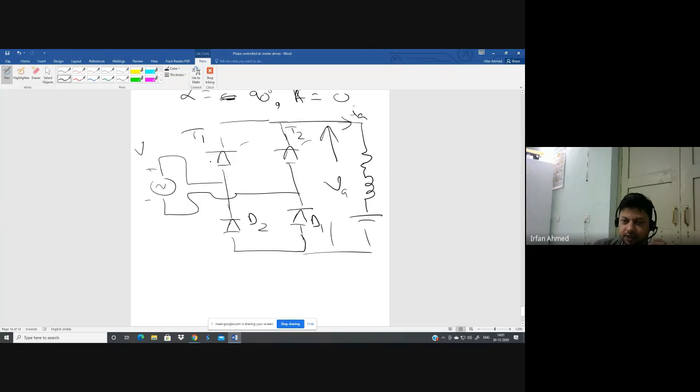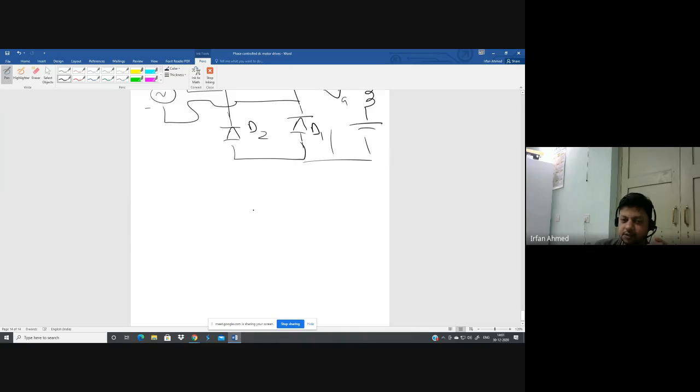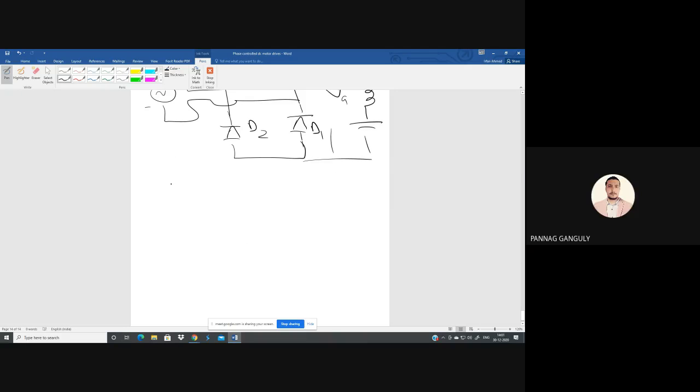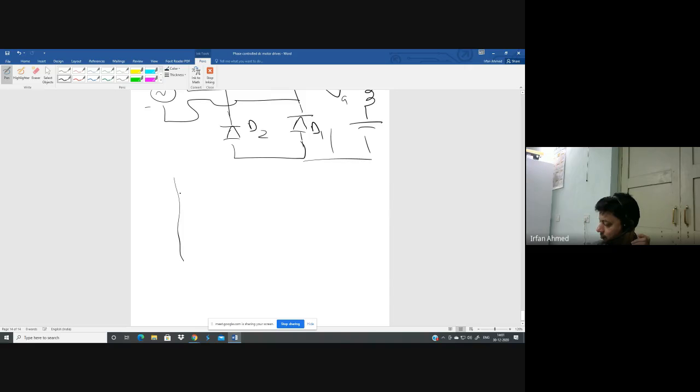And when there is freewheeling, either through T1 D2 or T2 D1, the supply current is 0, correct? Yes, sir. So let us assume that the conduction is continuous and the load inductance is so high that your current is constant.